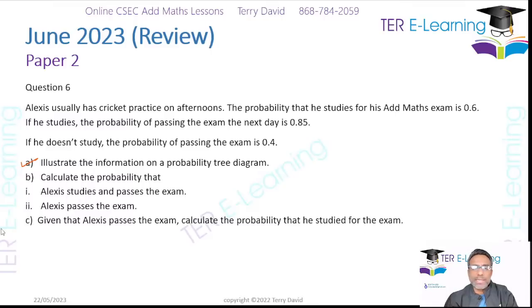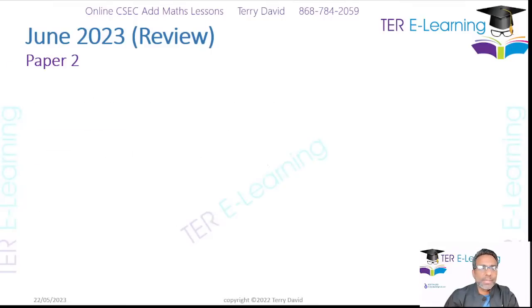So let's start. First things first, remember, you're drawing a probability tree. So you have a starting point here, and he can either study or not study. So we do this here. And if he studies, he can pass or he can fail.